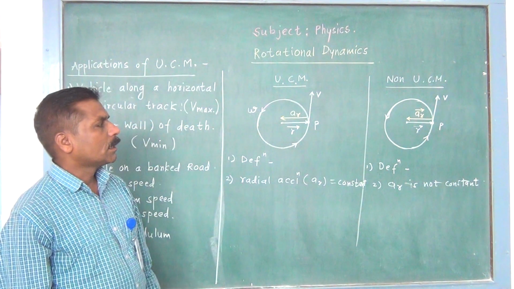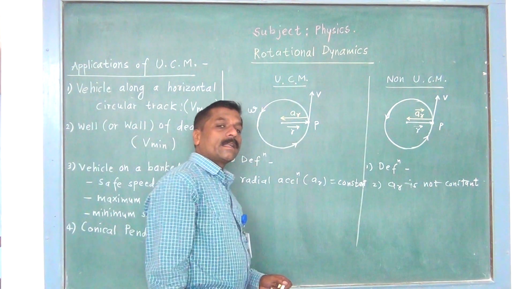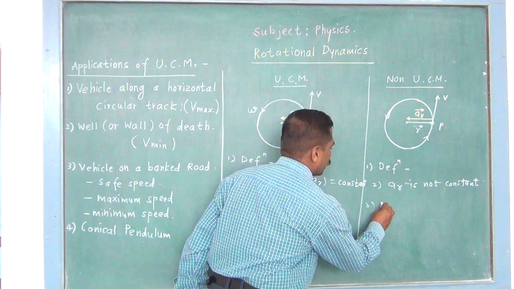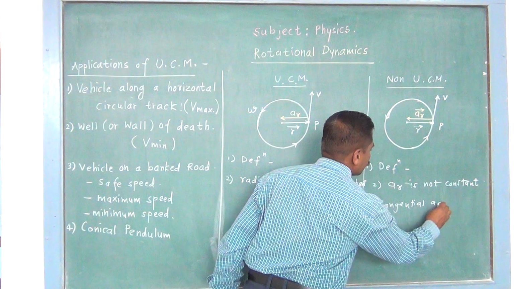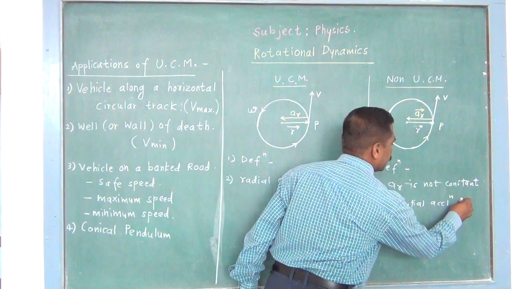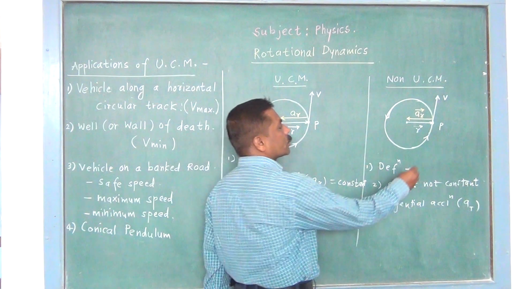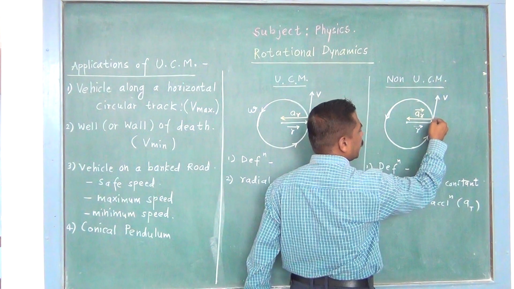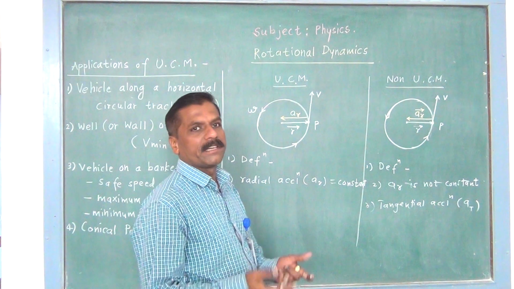You will find again, as the speed of the particle is not constant, there is the formation of tangential acceleration. So here the tangential acceleration is produced in the body, and this tangential acceleration is in the direction of the tangential velocity or opposite to it, because the speed is variable.